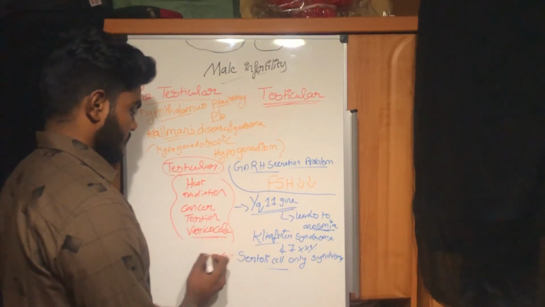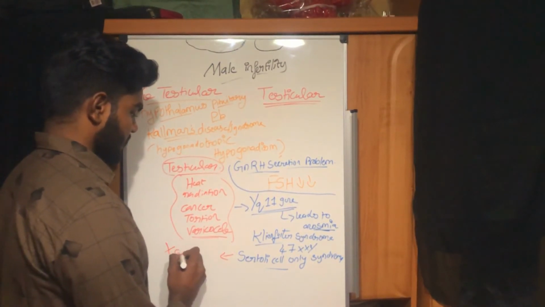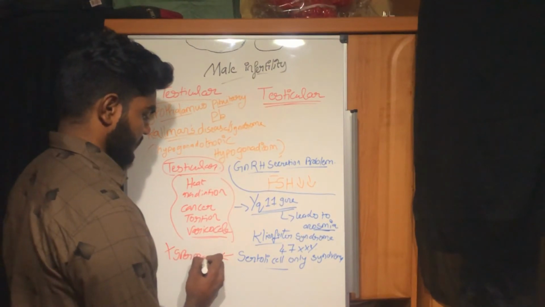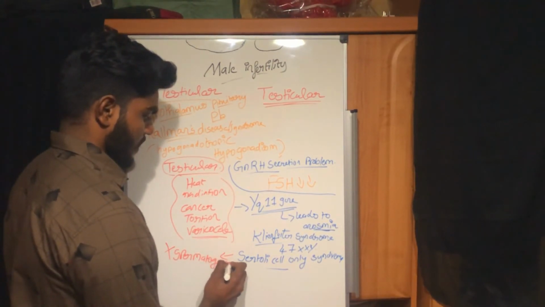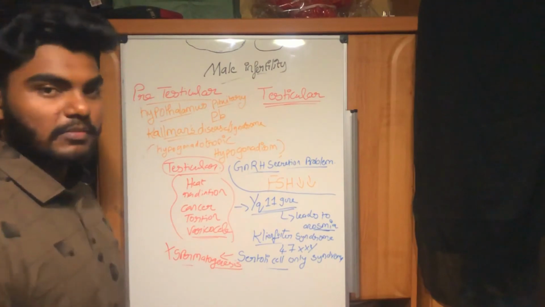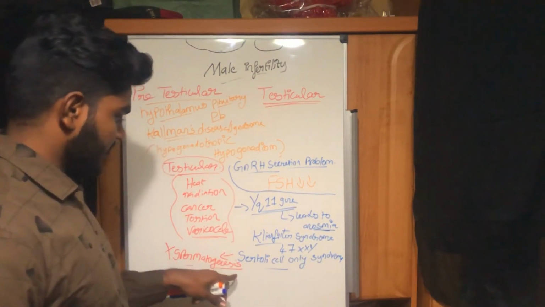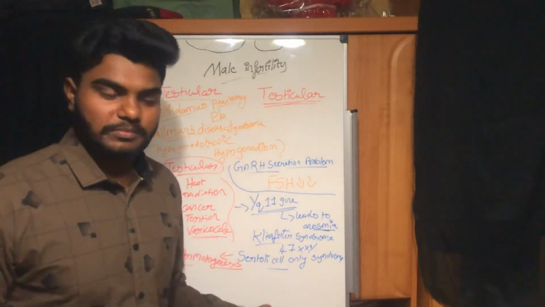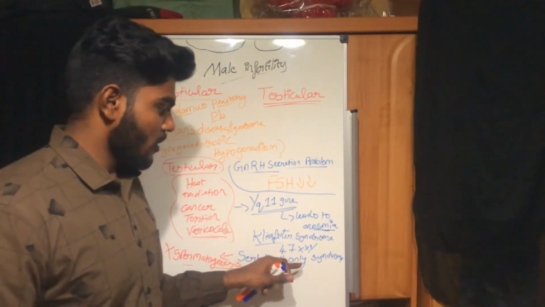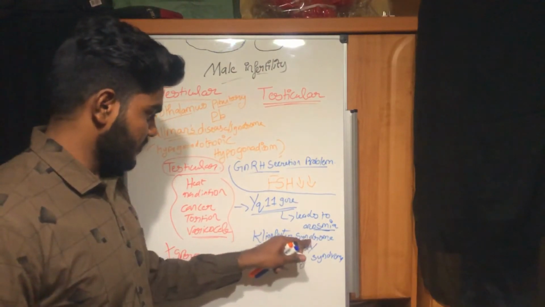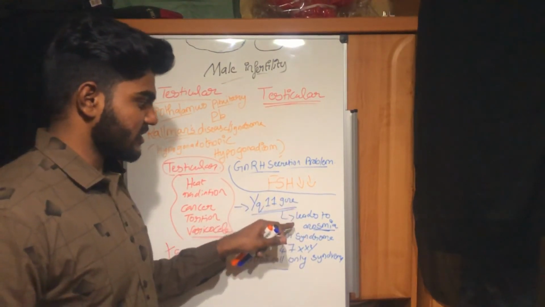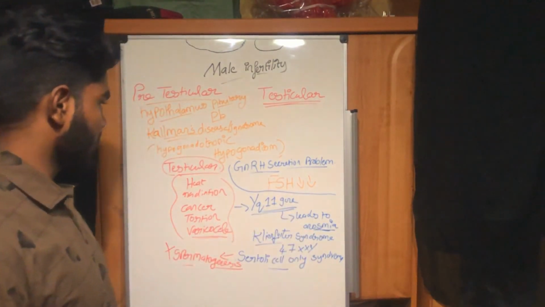So there is inhibiting of spermatogenesis, the formation of sperm. Inhibiting the spermatogenesis, there is no sperm production. So Sertoli cell only syndrome, Klinefelter syndrome and the YQ11 gene that leads to anosmia.